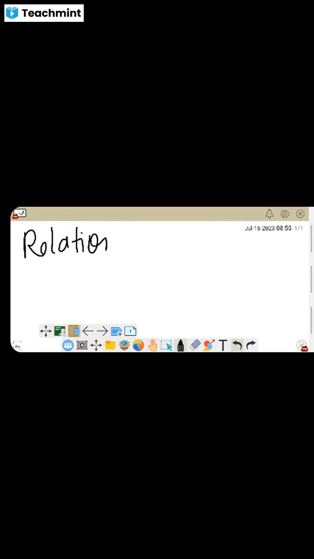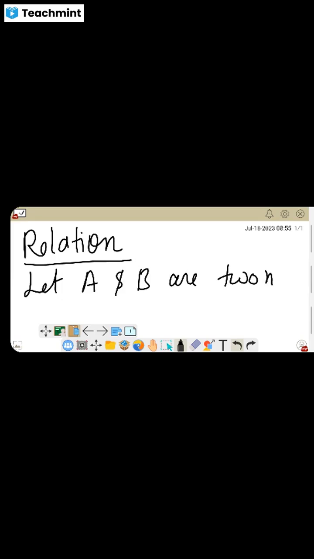Relation. Let A and B be two non-empty sets.